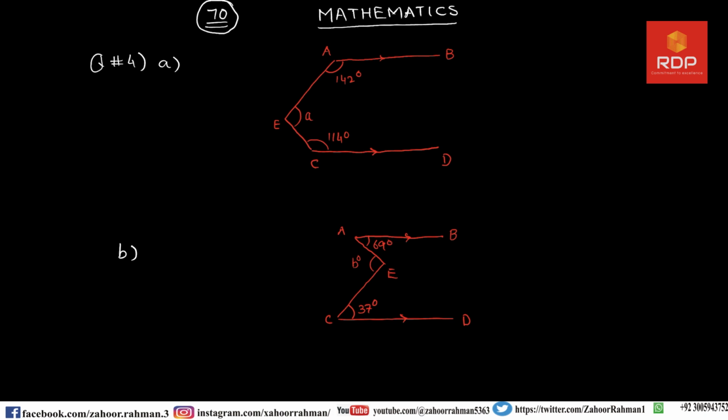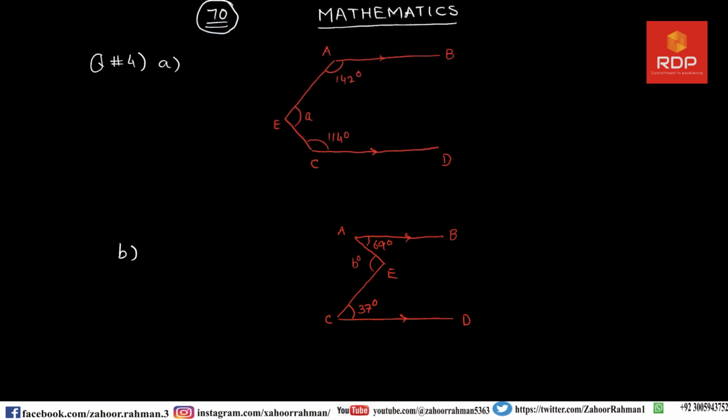In this case, we have only one unknown, which is A, as you can see in part A. Ladies and gentlemen, now there is no theorem that can be applied to this situation, neither alternate angles, nor corresponding angles, nor interior angles.